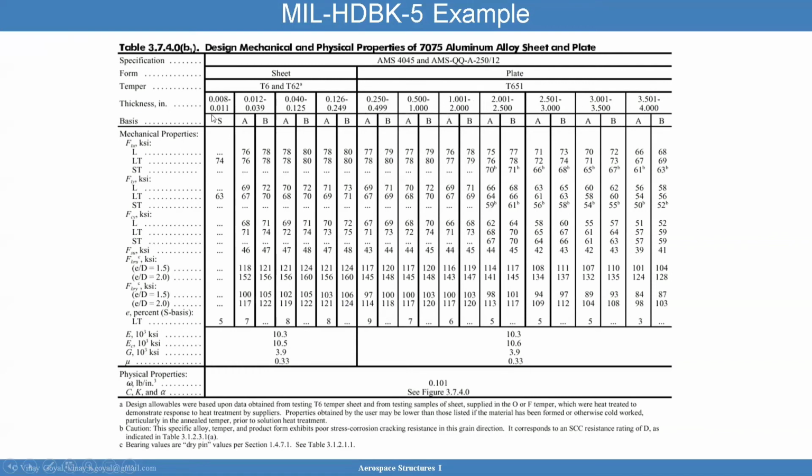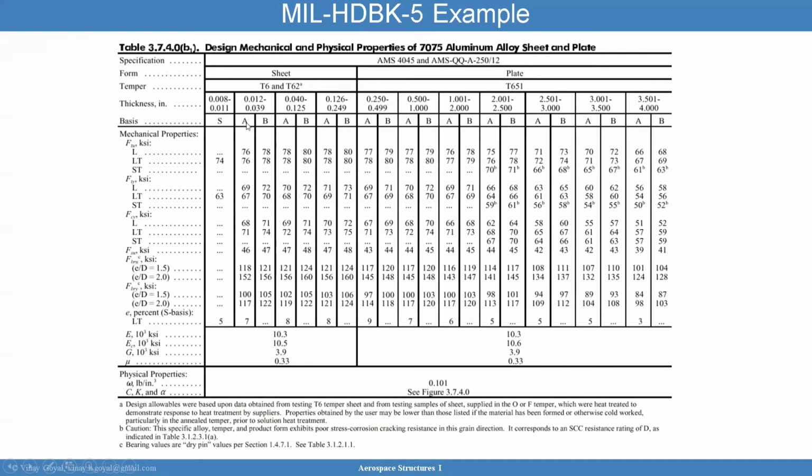And then for the basis, you have the S basis, A basis, B basis, and I'll be going through that later. But these are strength values for design. And A and B correspond to a statistical value. So instead of taking the average of the test data, you design for some statistical value here. And that's what A and B mean.